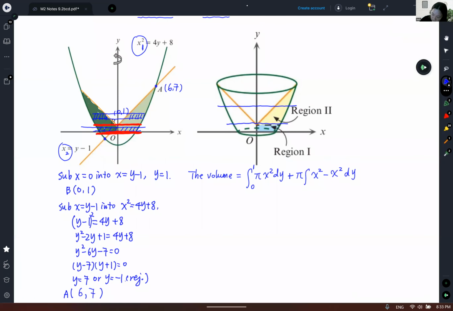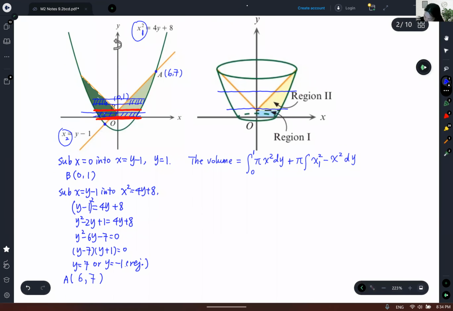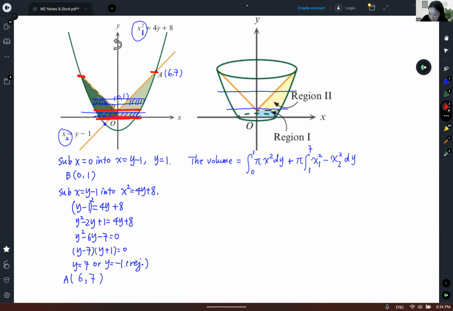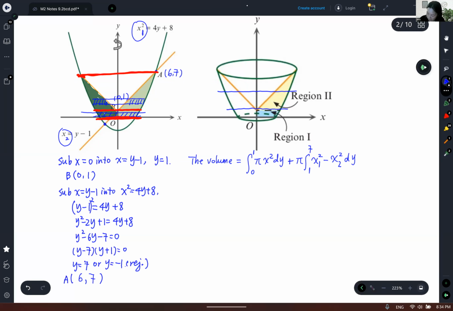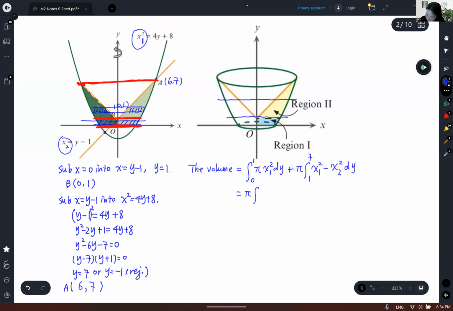So x1 squared minus x2 squared, the green minus the orange, and then from 1 to 7, because that's the highest piece. Then put everything in, take out pi. This one is x, the green one, x1. x1 squared equal 4y plus 8.